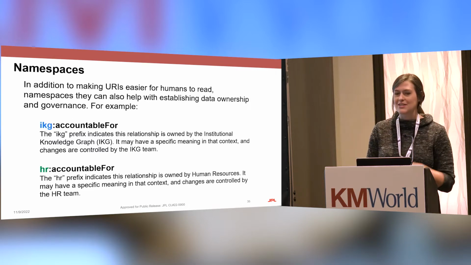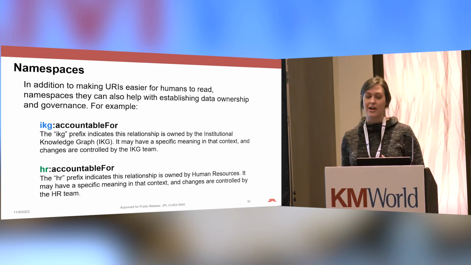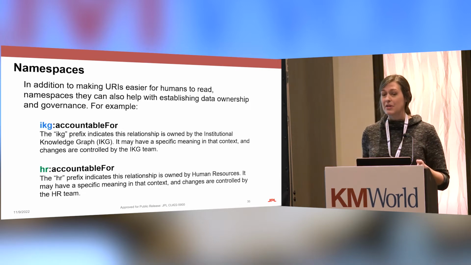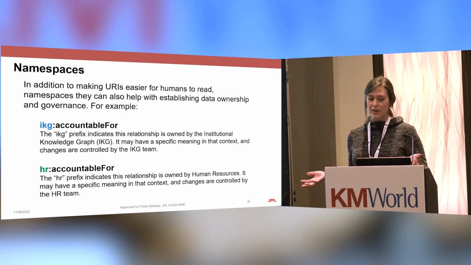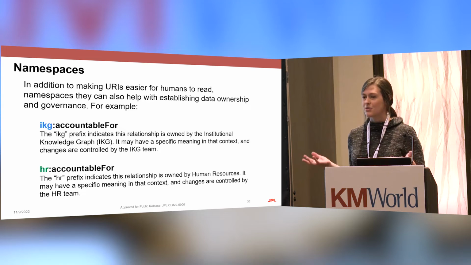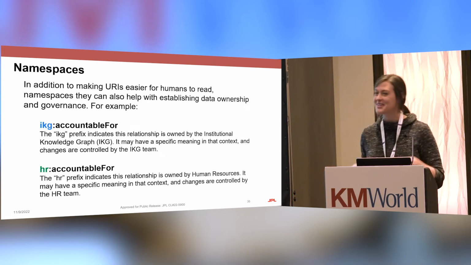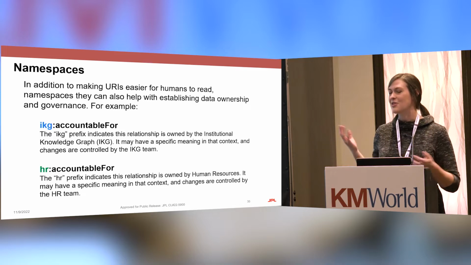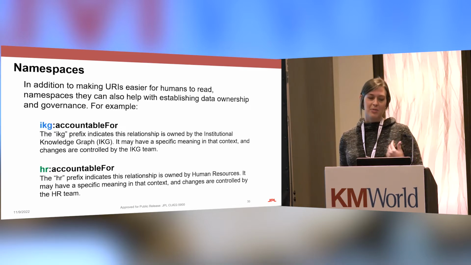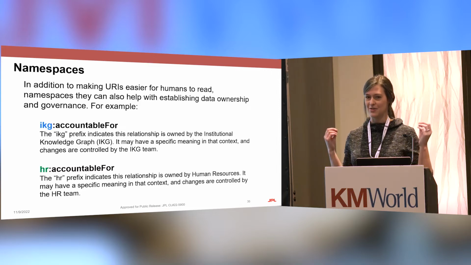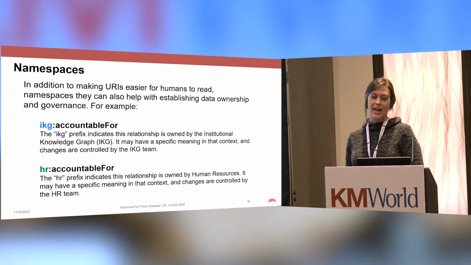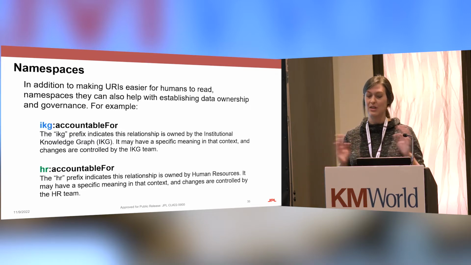So this idea of namespaces, the reason we're mentioning it, in addition to making URIs more readable, is that it has big implications for governance and ownership when you start connecting multiple data sets. So for example, if you have multiple data sets, you don't really have control, well, depends on your organization, usually you don't have control over all the fields that an owner of a data set would use. So if Anne and I are building the institutional knowledge graph and we come up with some relationship called accountable for, we might have a very specific meaning for that relationship in a very specific context, versus say our HR system might have a relationship accountable for, same field, but they might mean something totally different.